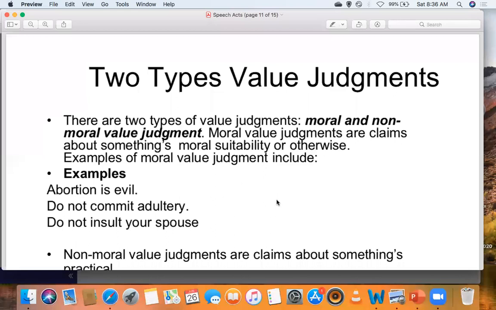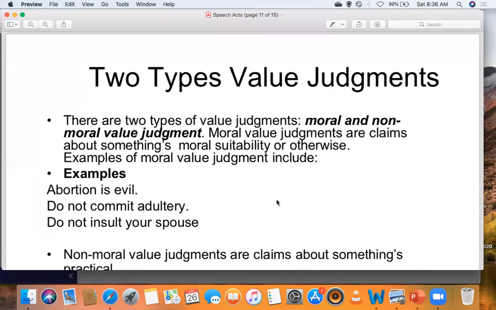Two types of value judgments. We have the moral and non-moral. Moral value judgments are claims about something's moral suitability or otherwise, so something's moral value. Examples: abortion is evil.